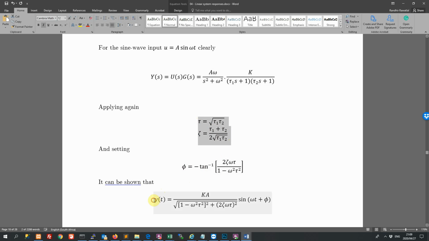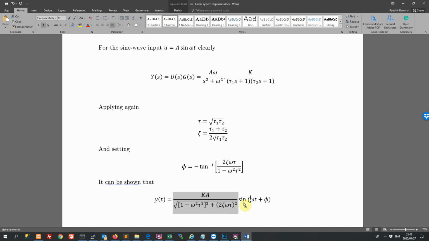And now we can show that we get this response. So the response of a second order process is also a sine wave. However, the amplitude is showing some misbehavior here. We can see that the amplitude of the response is a function, and it's a fairly strong function, of the frequency itself and this lumped time constant.